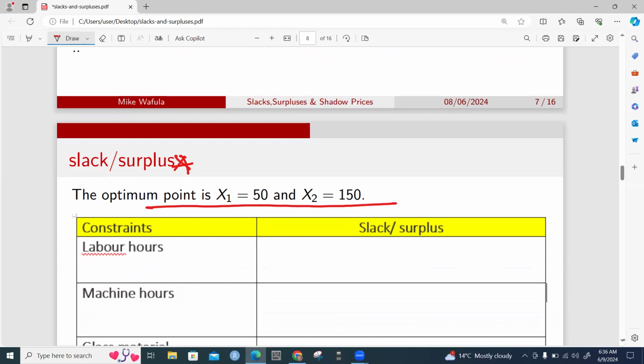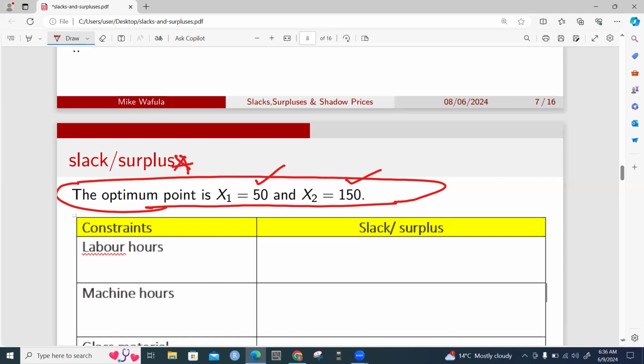At optimal solution, we have reported that the optimal solution of the above problem is obtained at x1 equals 50 and x2 equals 150. So we only calculate at optimal. Once you have met the optimum point, how has each constraint performed?